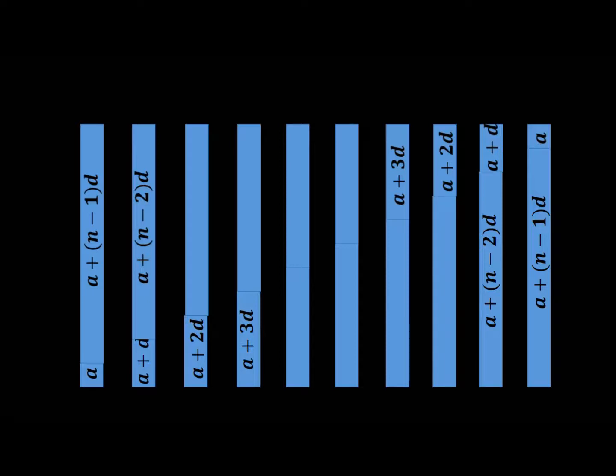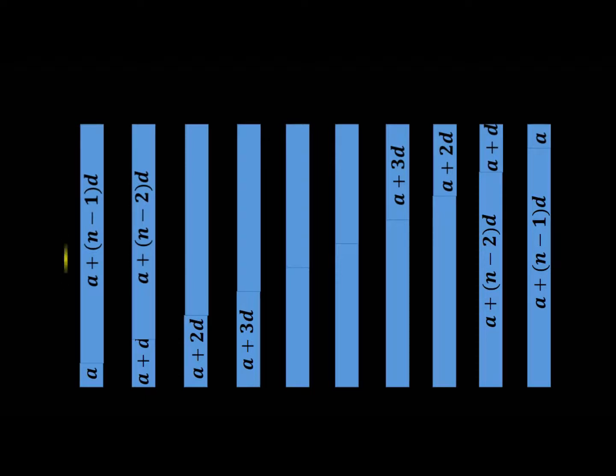So now our calculation is very simple, because all we have to do is find the value of one of these terms and then multiply it by n, because we know that we have n number of terms. And how do we find the value of one of these terms? We simply add. The bar on the very left is the sum of the first term a and the last term a plus (n minus 1) into d. So when we add it, we get 2a plus (n minus 1) into d.